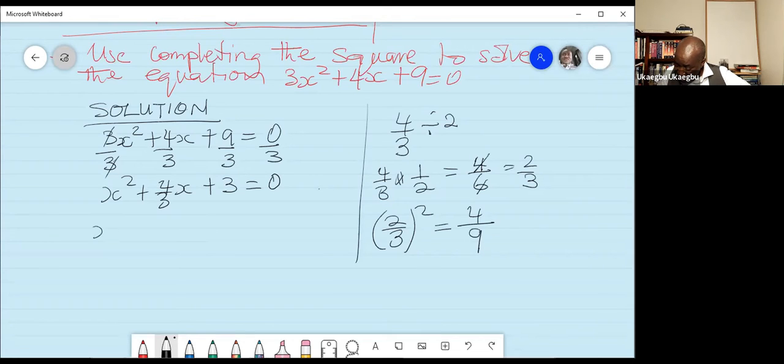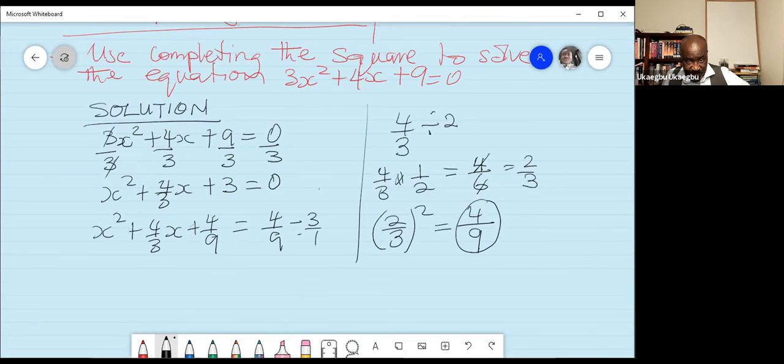So we have x squared plus 4 over 3x equal to, moving the 3, negative 3. Then add the squared factor to both sides: plus 4 over 9 on the left, and 4 over 9 minus 3 over 1 on the right.